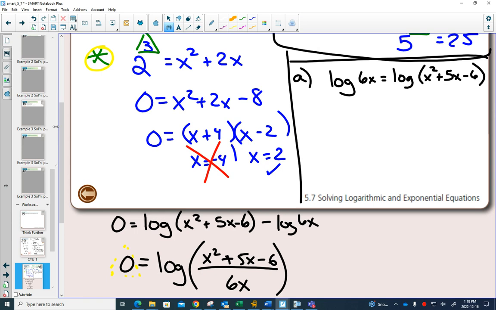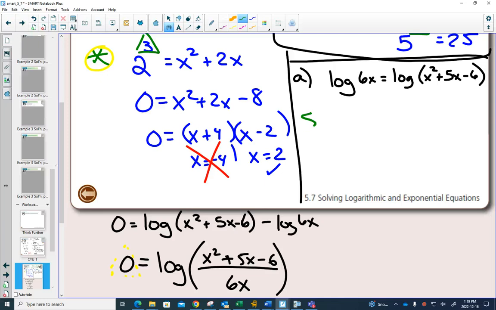And the shortcut only works if you have a log on one side equal to a log on the other side, and the bases are the same. This is very similar to what we did when we started solving exponents and got the bases the same.